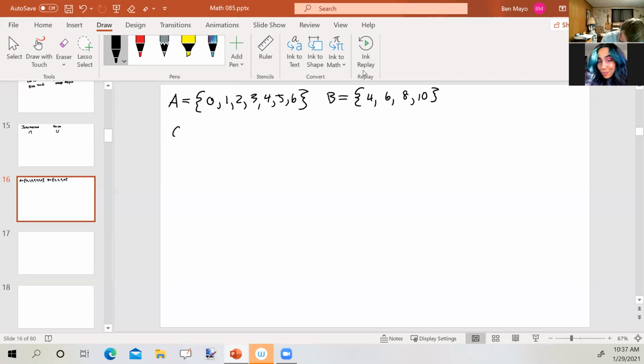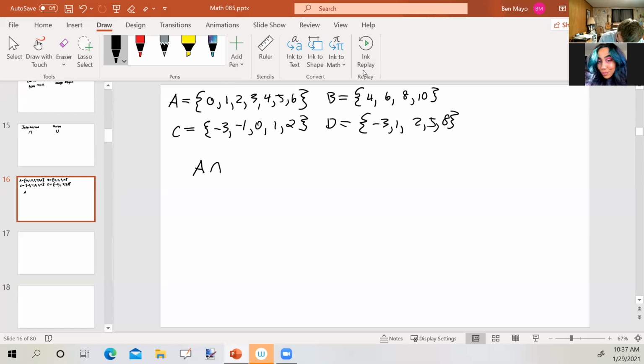Set C equals -3, -1, 0, 1, and 2. And set D contains -3, 1, 2, 5, and 8. All right. So we've got 4 different sets, and they've each got certain numbers or elements in them.